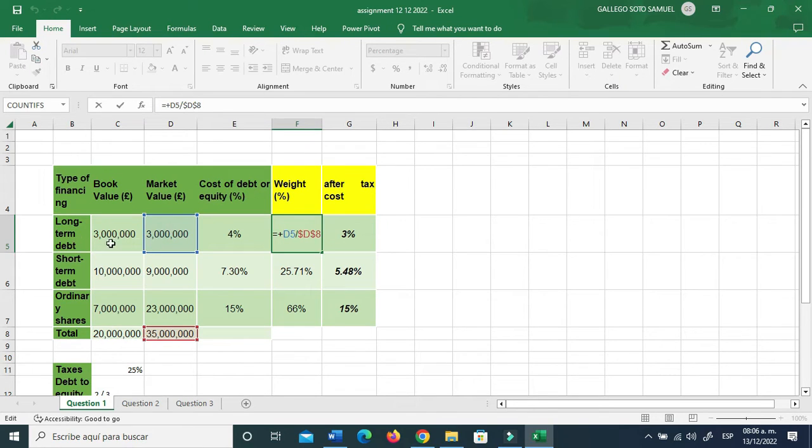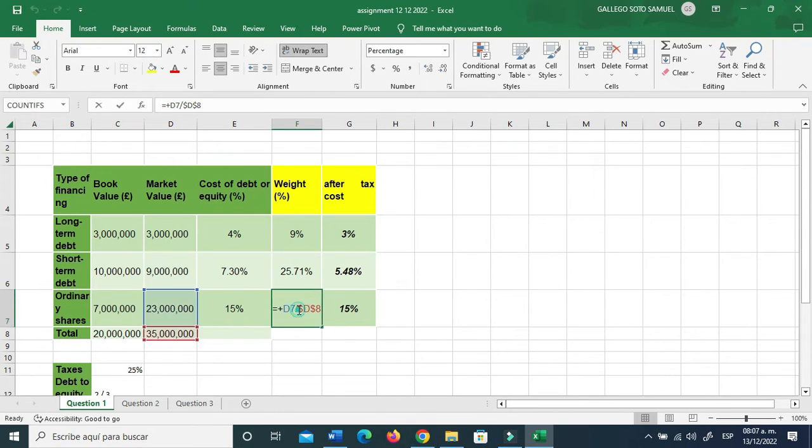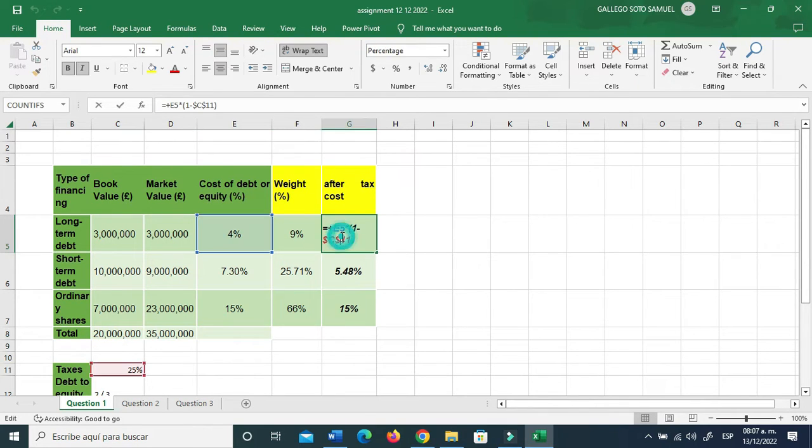So, for example, the long-term debt is 3 million pounds over 35 million pounds, and the rest are just like you see over here, and you can see very closely in the file I sent you. So that's basically the percentage in terms of the total market value.